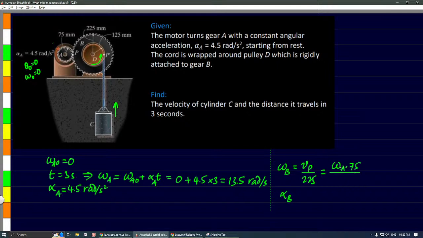Can we write it? Yeah. Vp is the velocity and Vp is same for A as well as B. So first we converted angular velocity of P into peripheral velocity Vp. Then we converted peripheral velocity into angular velocity of A. This 225 remains same.